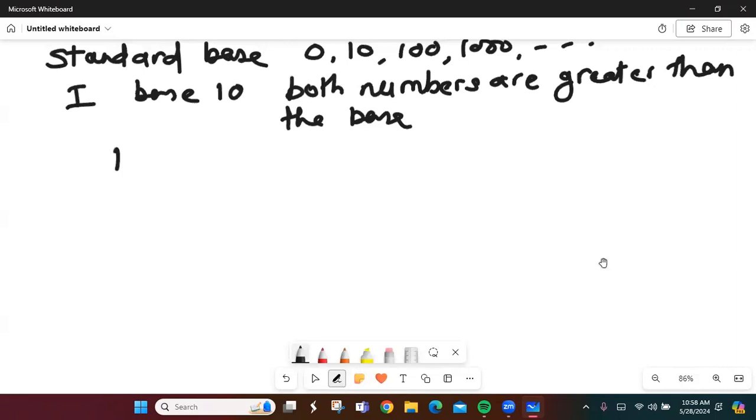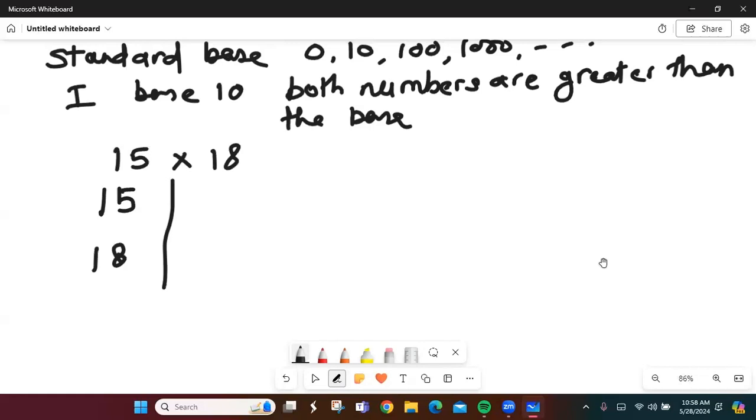Now, suppose I want to multiply 15 and 18. As you can see here, both these numbers are very close to 10 and both the numbers are above 10. So, I will write 15 and 18, one below other. And in the second column, I will write how much each number is excess than the standard base.